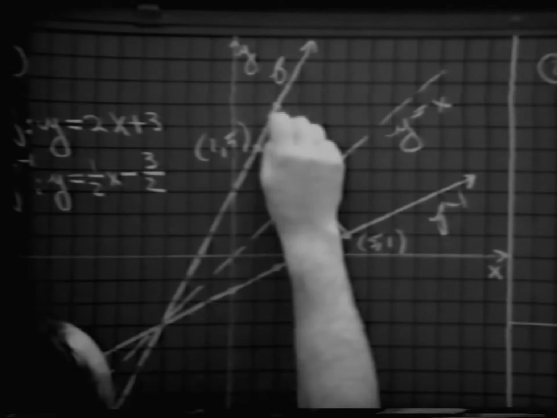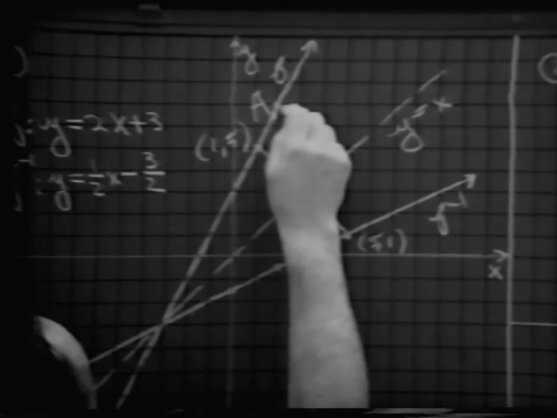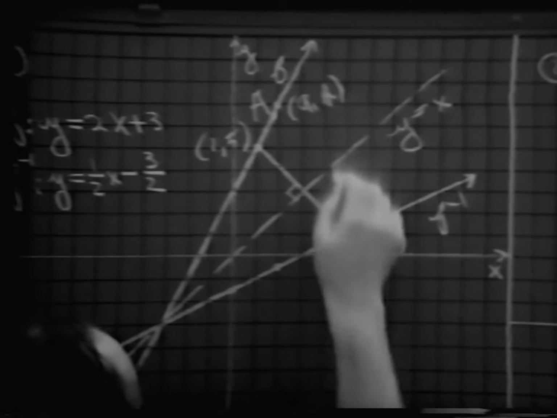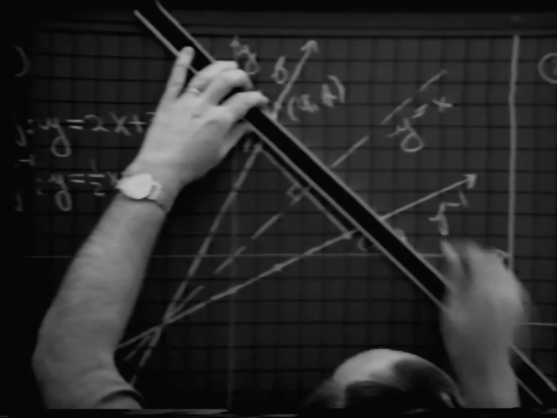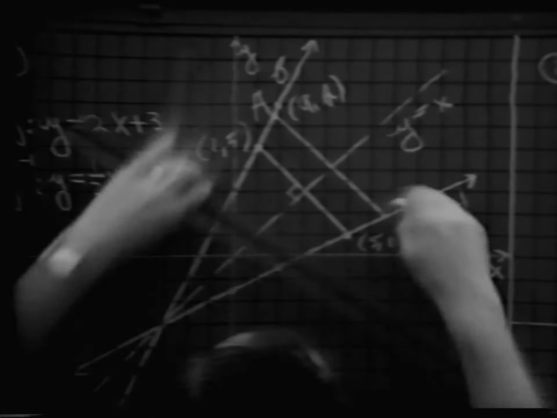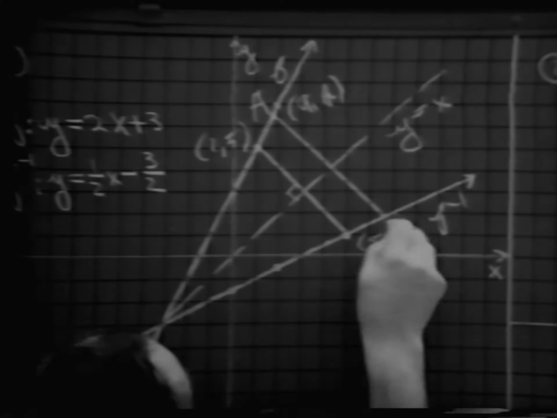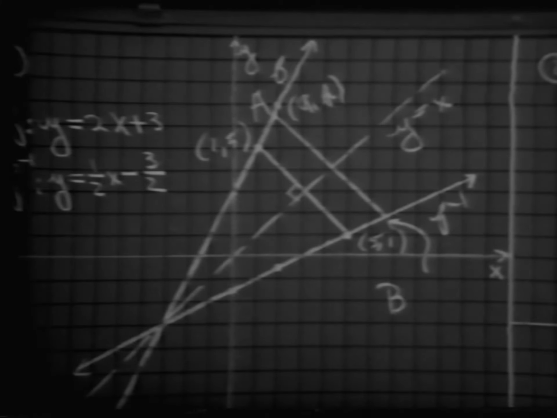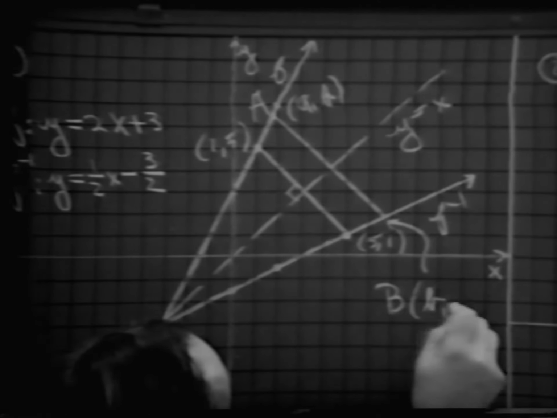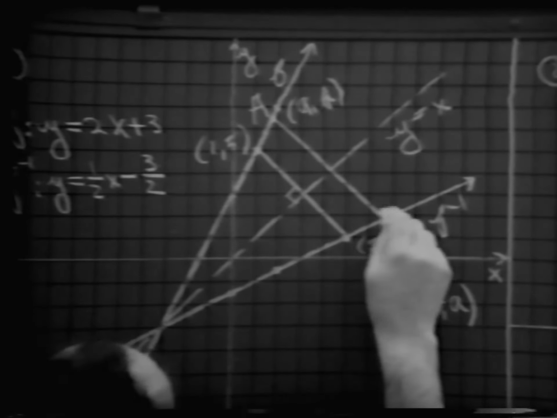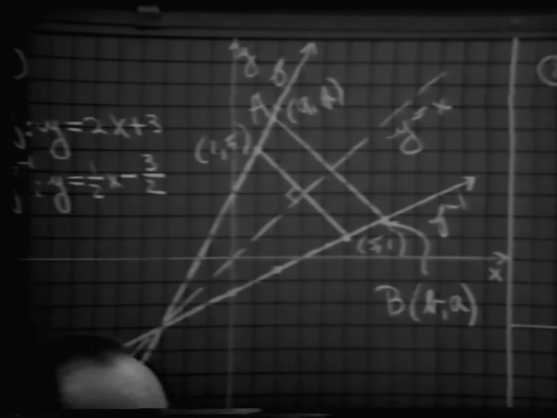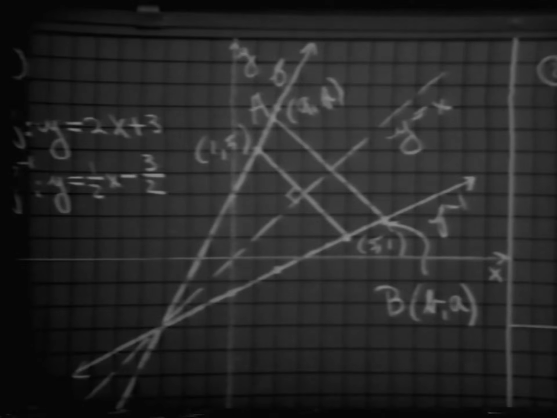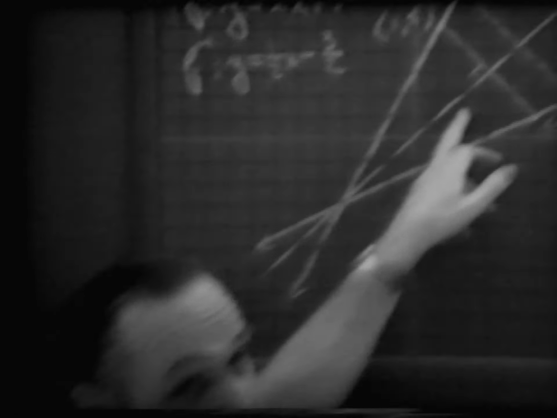So if we took any point, well, let's call it A with coordinates of a comma b, on the graph of the f function, then the ordered pair associated, let's call this point over here the point B, it will have ordered pair of what, Bill? Little b comma a. And indeed, the line y equals x is going to be the perpendicular bisector of the segment AB. Okay? We have this symmetry across that line.